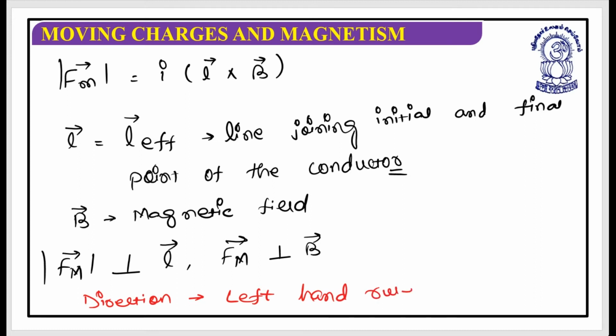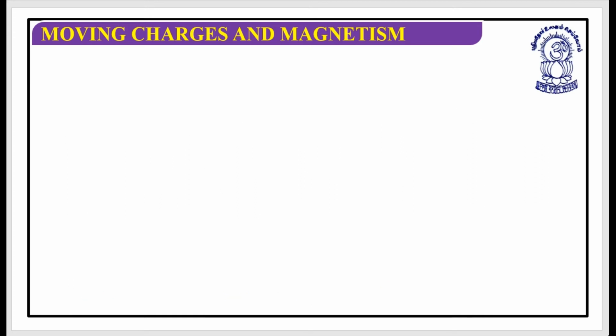I hope this is clear. So is it clear completely? Can we go for the numerical practice? Let's begin then. Let's suppose a magnetic field is there over here, and a current element is there.